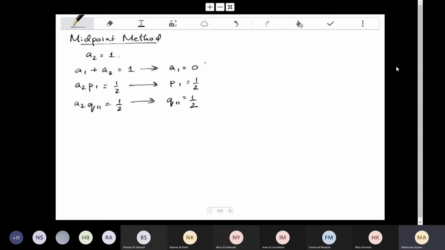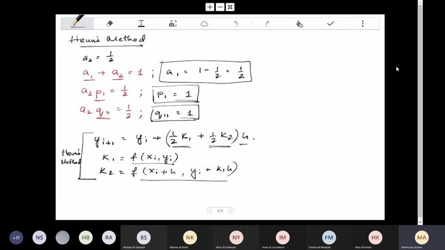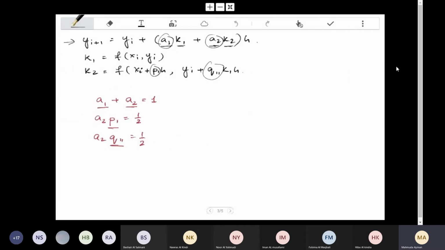So now if we substitute these values into the general formula for the Runge-Kutta method, we get yi plus 1 is equal to yi plus k2 times h. Again, we have yi plus a1 times k1 plus a2 times k2, times h.